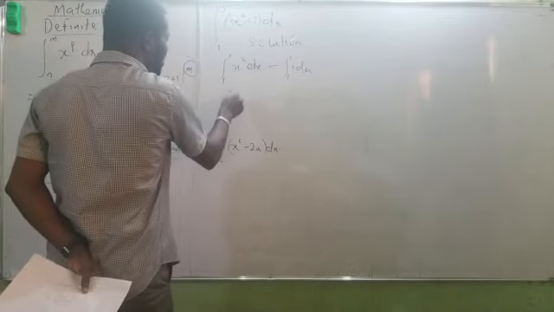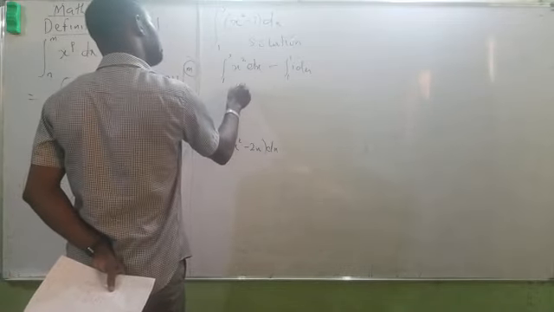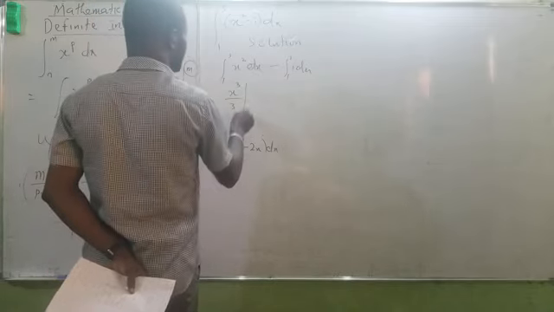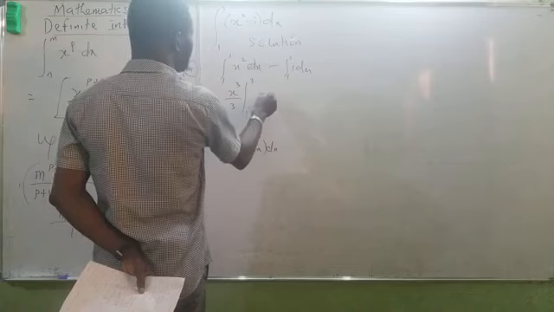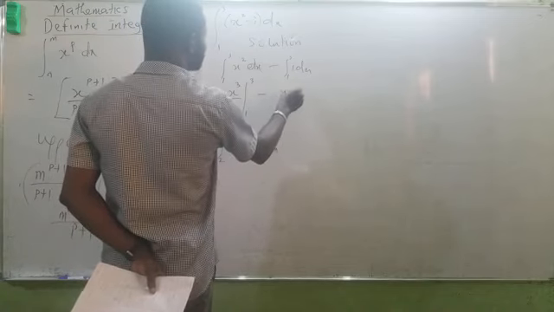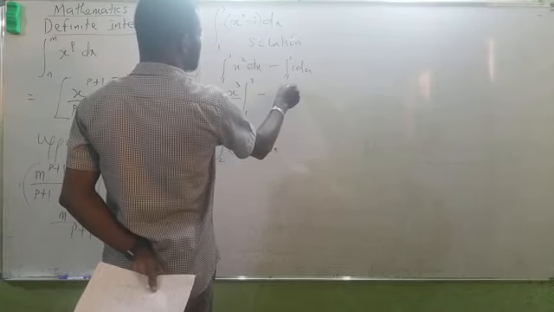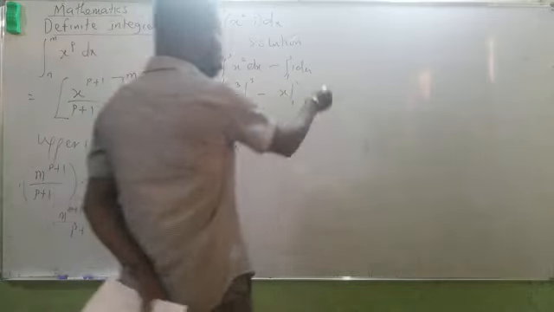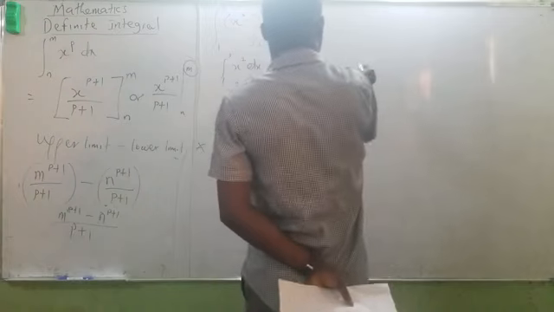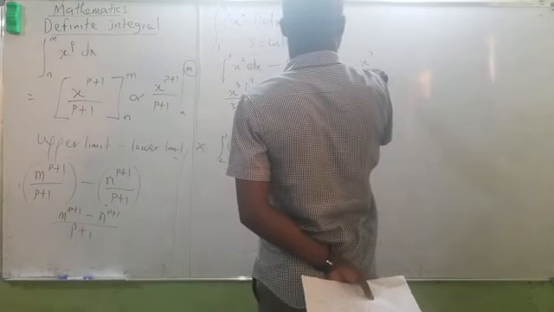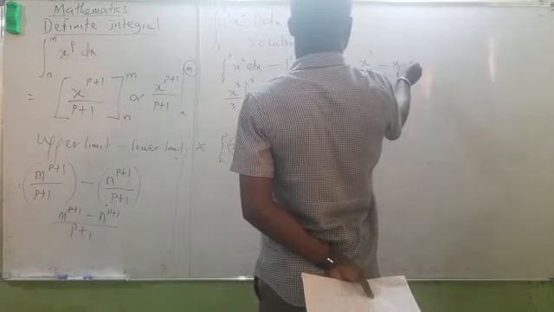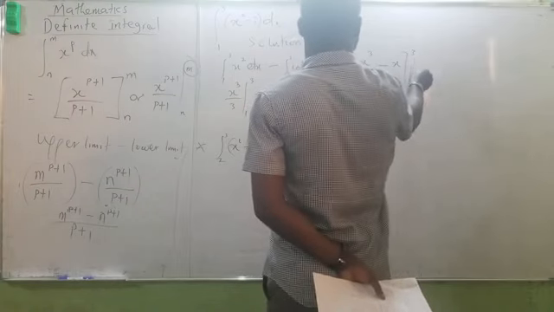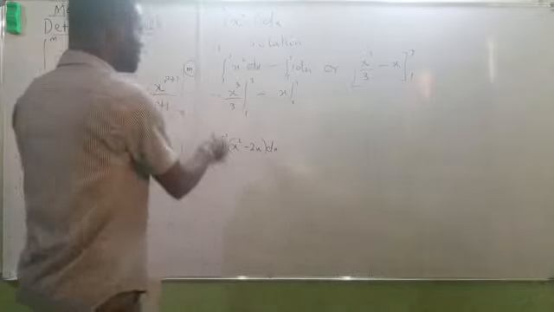Now, this one will be x raised to power 3 all over 3, minus x, from 1 to 3. Or another way, the way the question is: x cubed over 3 minus x, from 1 to 3. Now, upper limit minus lower limit.